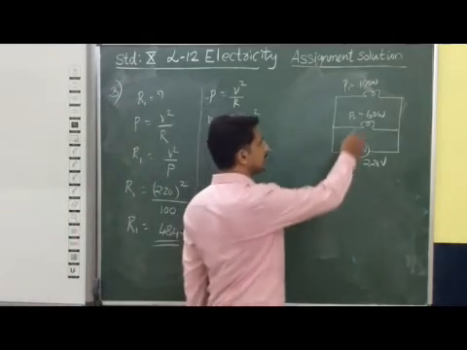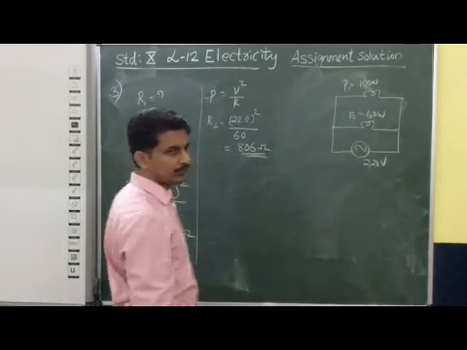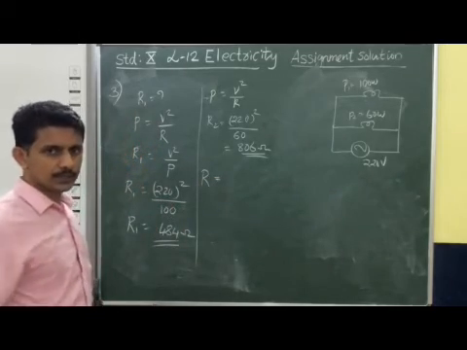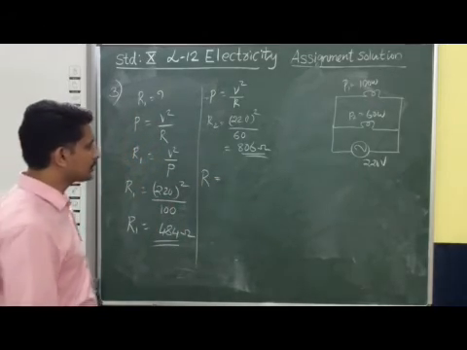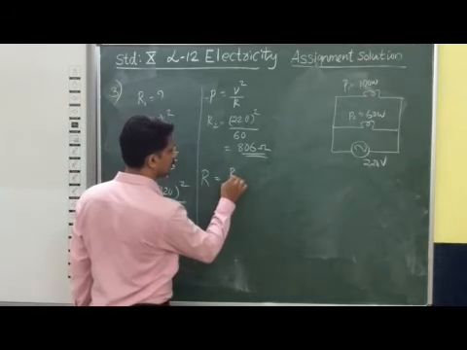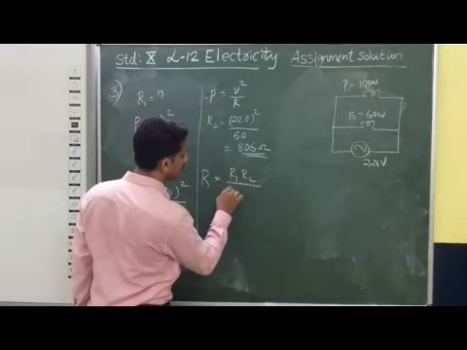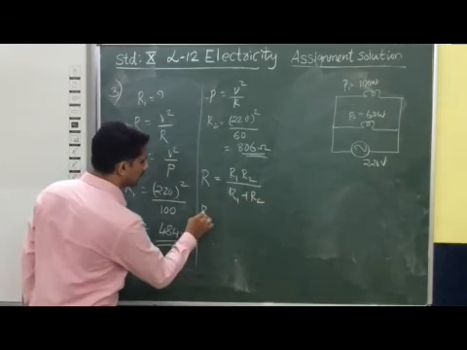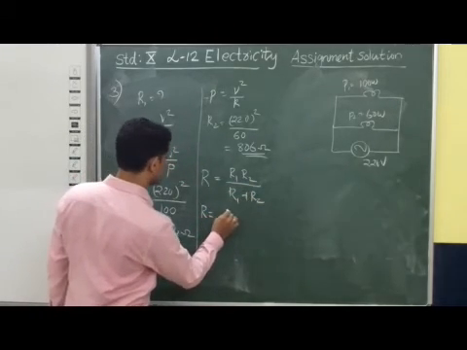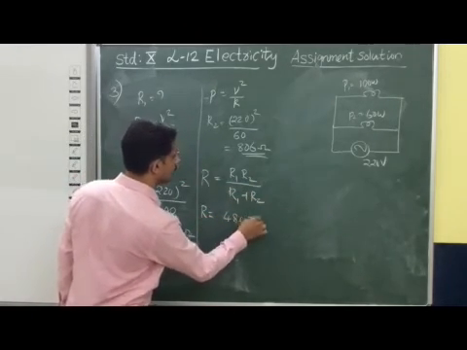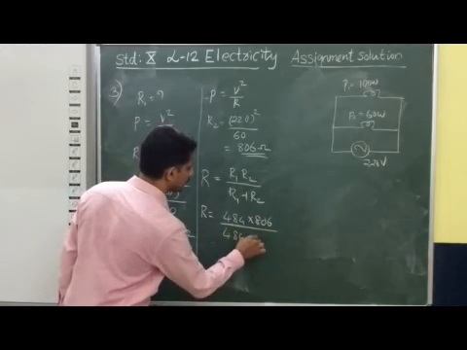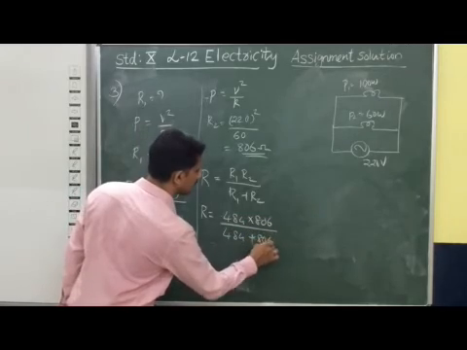And these are connected in parallel, so we have to find the effective resistance of this combination. We know that if two resistors are connected in parallel, the effective resistance R is given as R1 R2 divided by R1 plus R2. So R is equal to 484 into 806 divided by 484 plus 806.